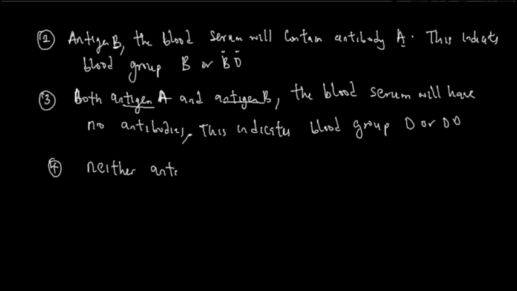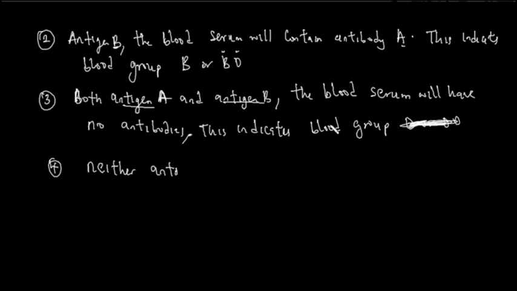Hope what I'm saying is making sense to you guys. Okay, then what if it contains both antigens? Hey, no, what did we just say? This is not O now. It's AB. It's not O, it's AB.